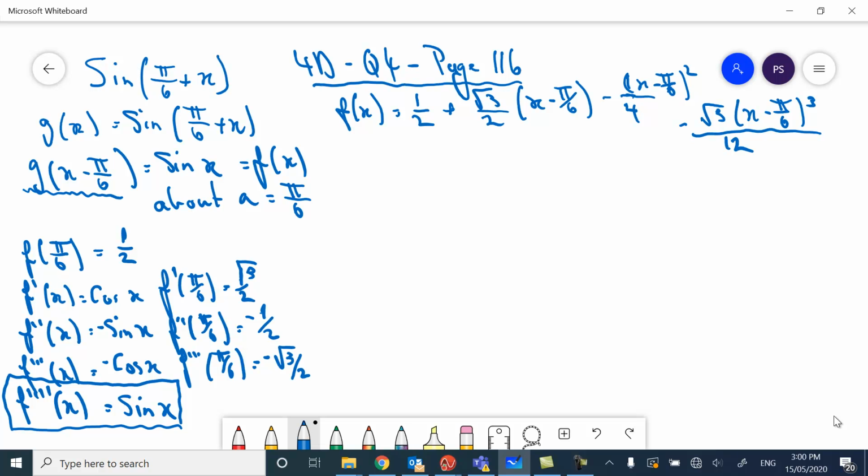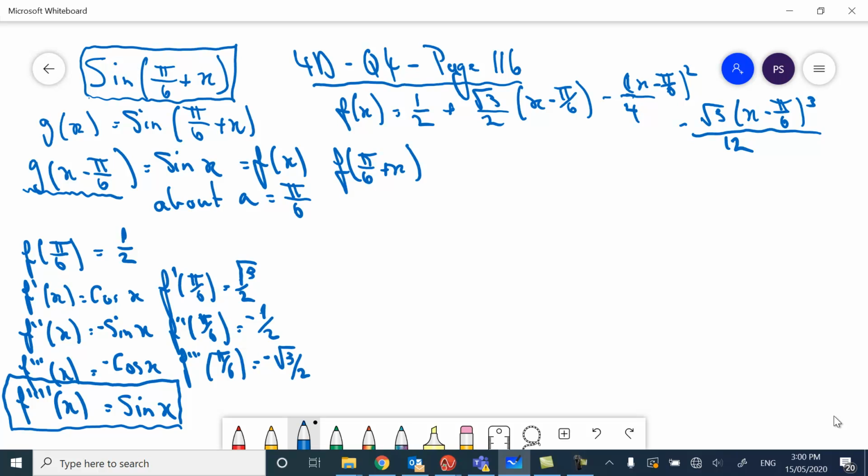Now, of course, that's f of x, which is sine x. I need f of pi on 6 plus x. Now, this is crazy. It seems a long way around, but I'm just doing it as a Taylor series. You can do this as a Maclaurin series, and it's actually easier, really.